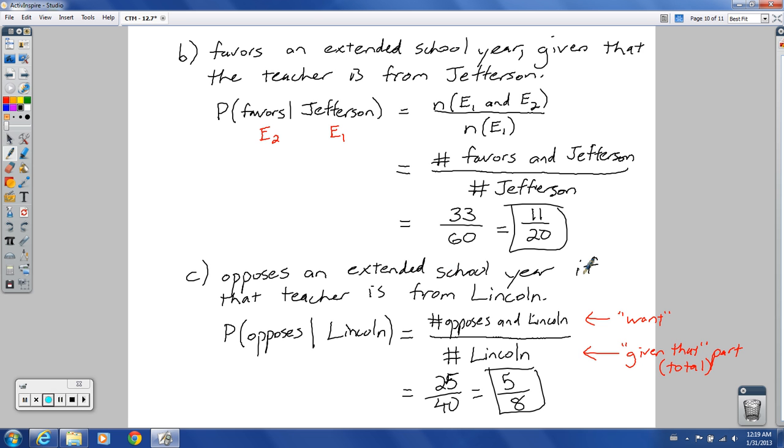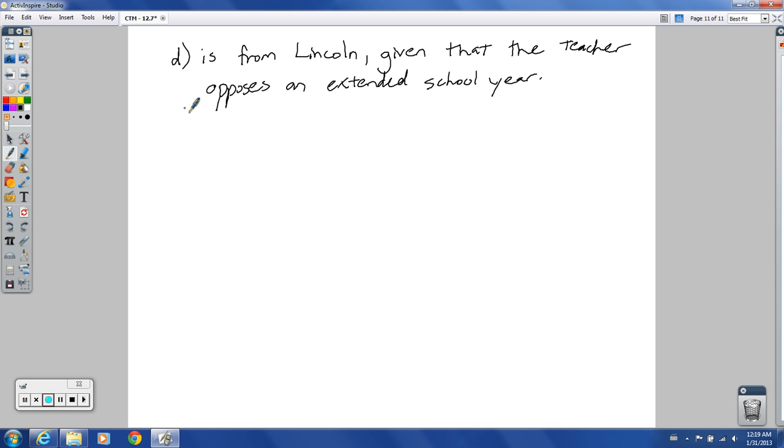It opposes an extended school year if the teacher's from Lincoln. We switched these two parts around. So that the teacher is from Lincoln, given that they oppose an extended school year. And so now this becomes probability of Lincoln, given that. Notice I changed it back to given that instead of if that teacher, but it's the same thing. So probability of Lincoln, given that they oppose the extended school year.